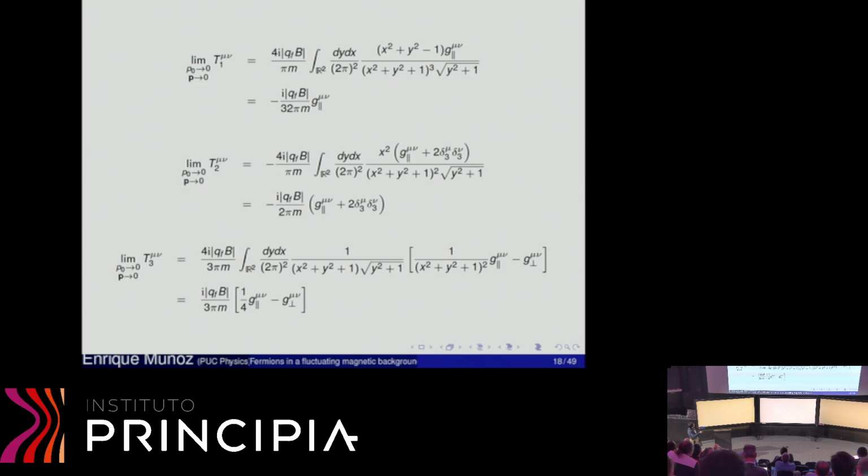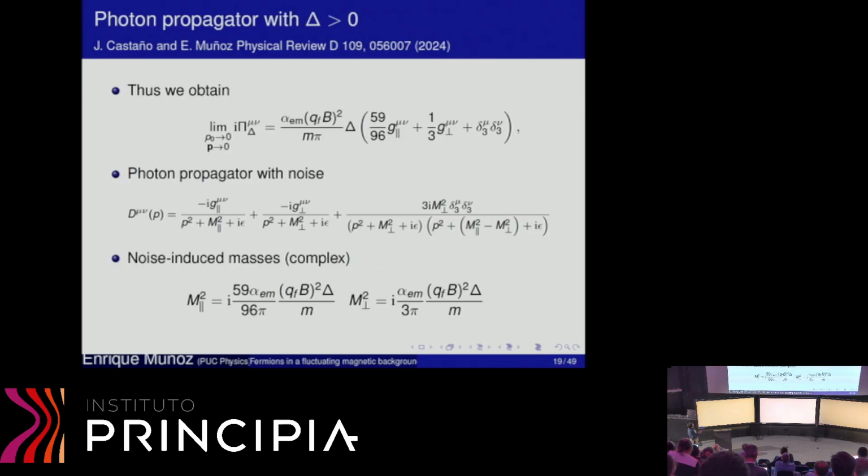So we have a well-defined expression in terms of the magnetic field and, of course, delta, which is what multiplies these three tensors. So when we collect all together, we have that this limit for the noise contribution is proportional to delta. It has this explicit structure that in the Dyson equation for the photon propagator, we can invert it to obtain then analytically the noise-dressed photon propagator in this effective theory.